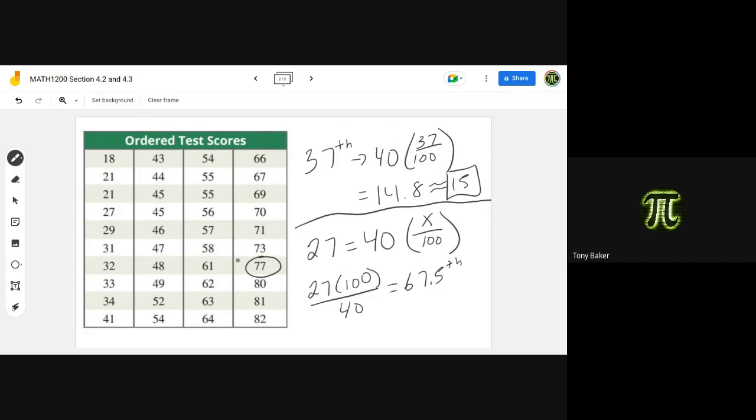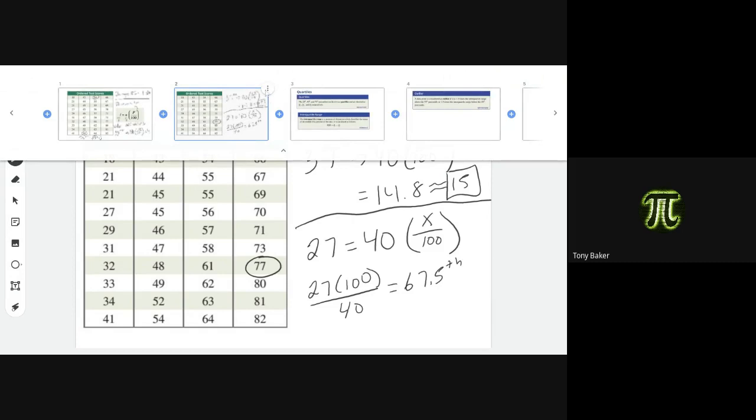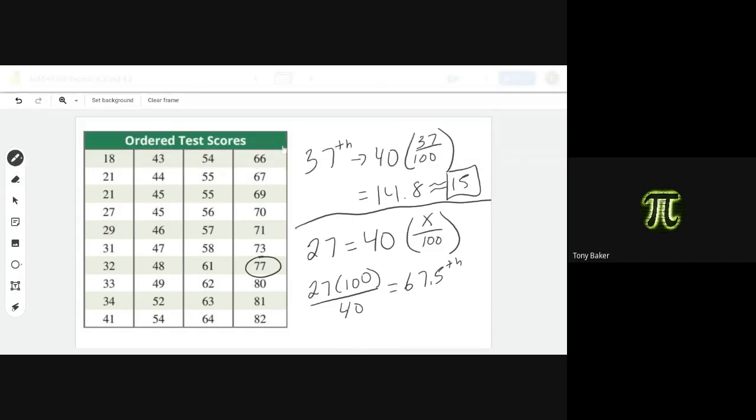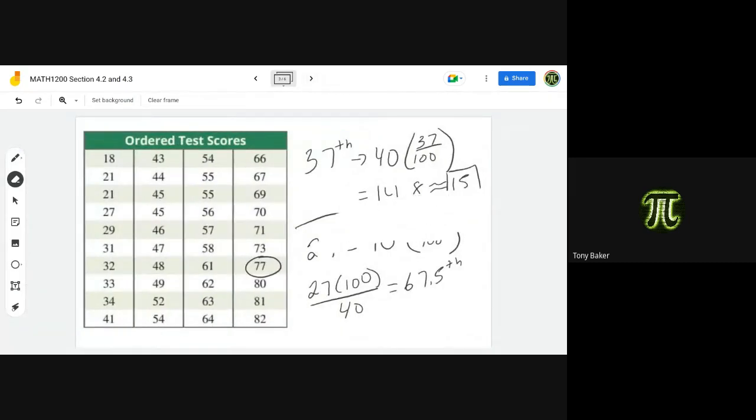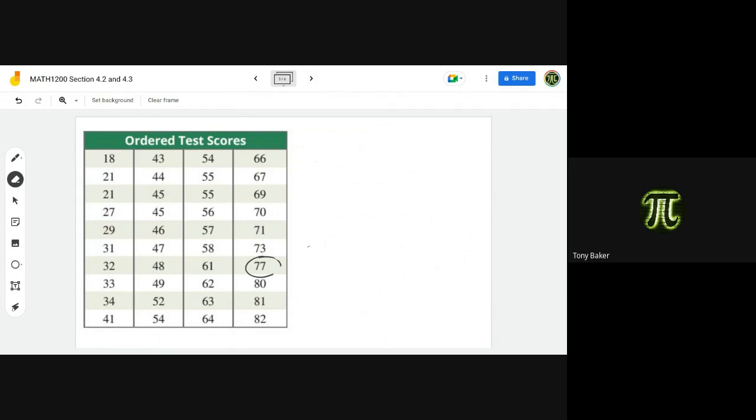We're percentile 77. So we have, what's this, that's in what place?